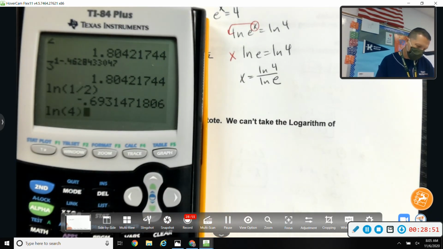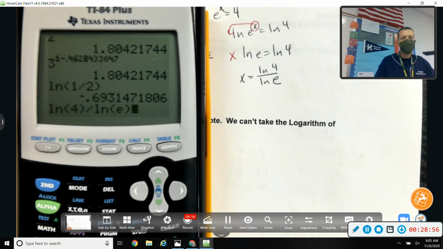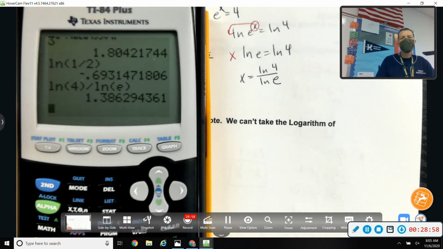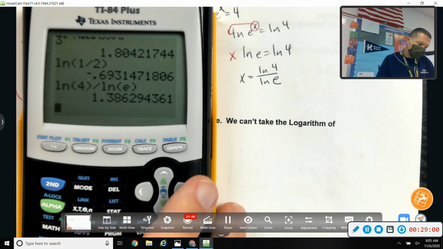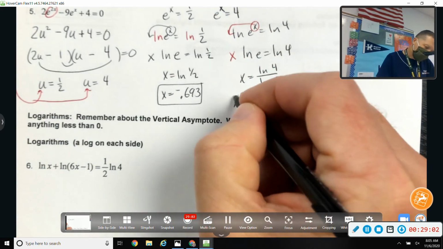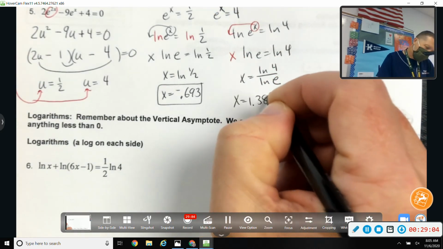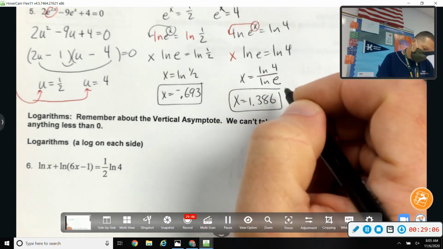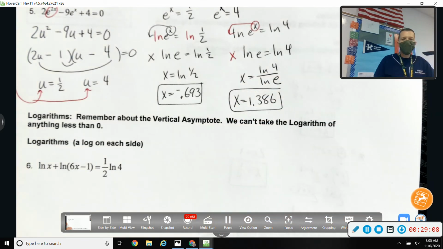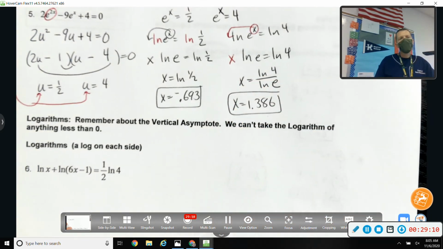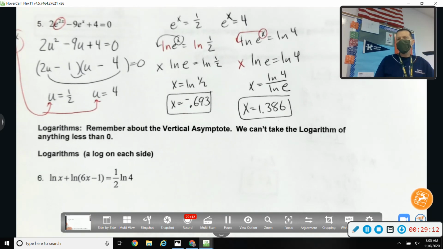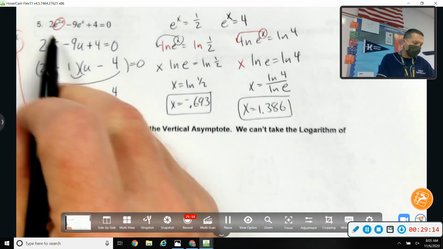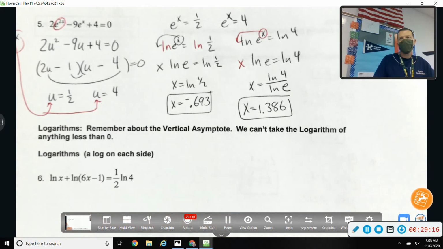I mean, if you need to, that's not really necessary, but there it is. 1.386. In the interest of time, I'm not going to check them, but it would be easy to plug them back in and see if they worked. Check them if you want to.